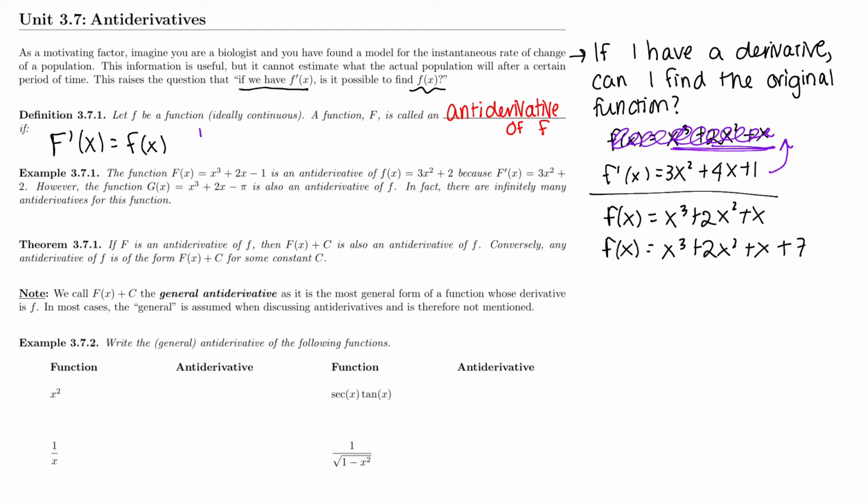So baby f is the derivative of big F, and big F is the antiderivative of baby f. So they have this reverse relationship to one another.